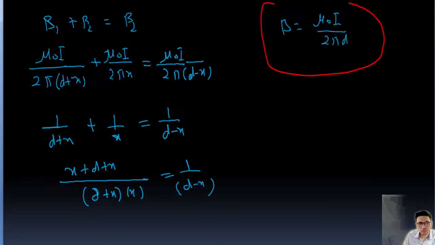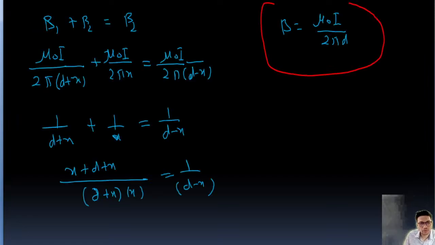Cross multiplying, it is a simple calculation: d square minus xd plus 2xd minus 2x square equals xd plus x square.